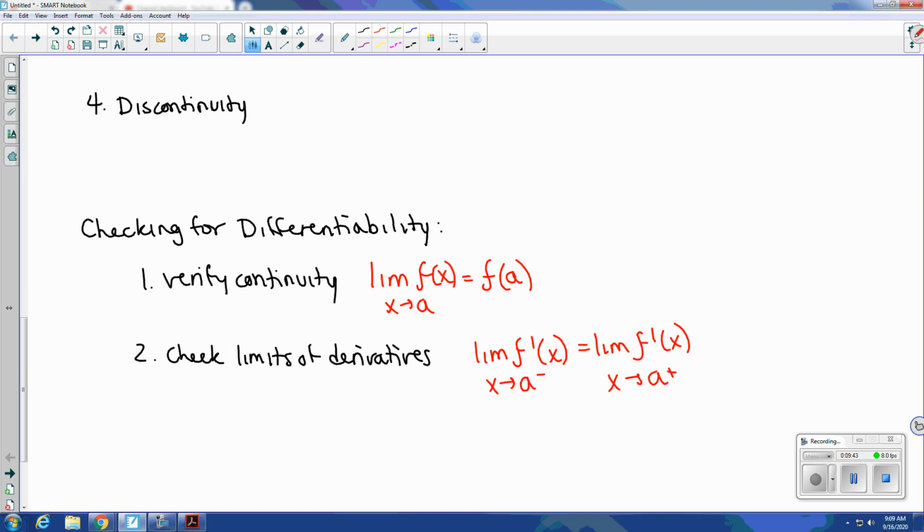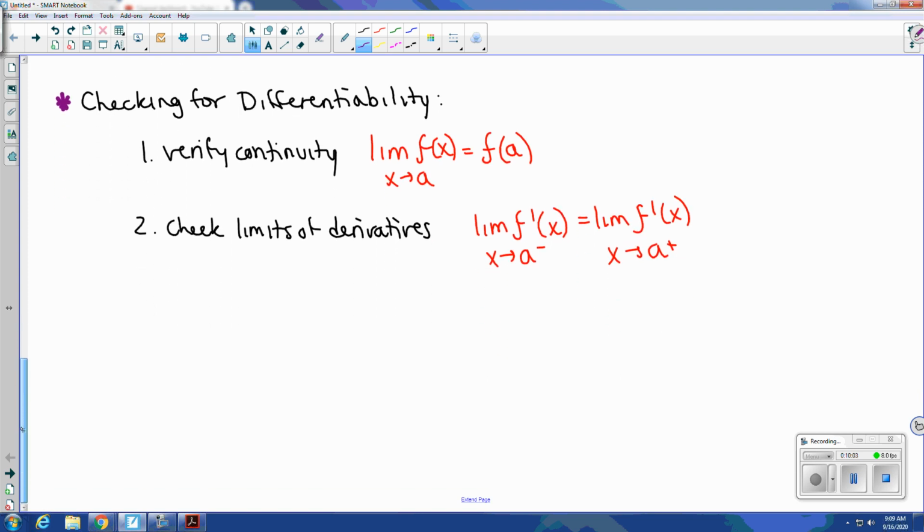Okay, this is your test for differentiability, so know this. Okay, if you want to star this, highlight this, we need a way to check for differentiability. Step 1, check continuity. That's really important. People often forget that. And then check the limits of the derivatives at that point.